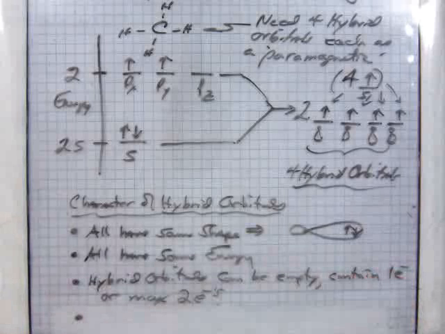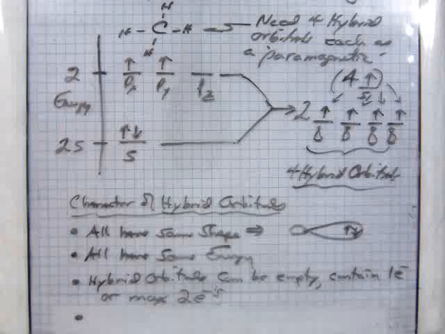As an electron orbital, whether it's paramagnetic, diamagnetic, or whatever, we assume it's negatively charged.